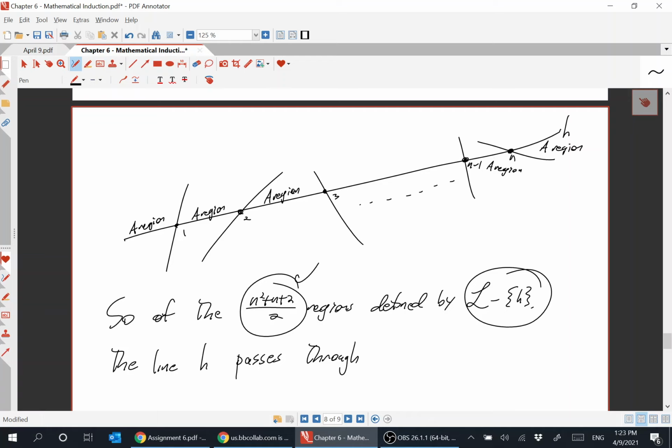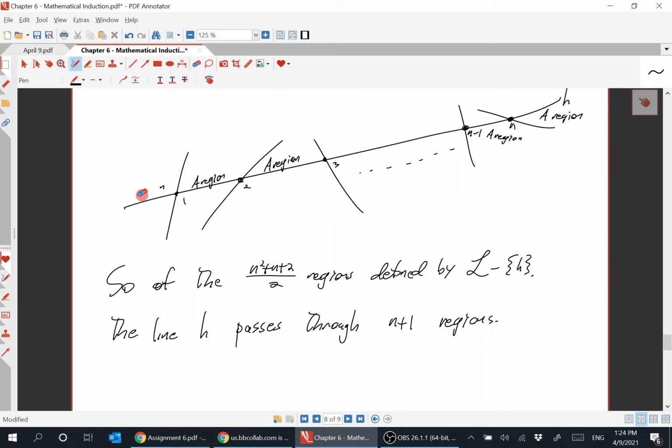So it passes through n plus 1 regions. So of the n squared plus n plus 2 over 2 regions, H passes through n plus 1 of them. And what does it do to each one of those regions when it passes through it?